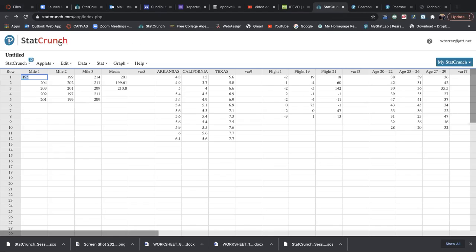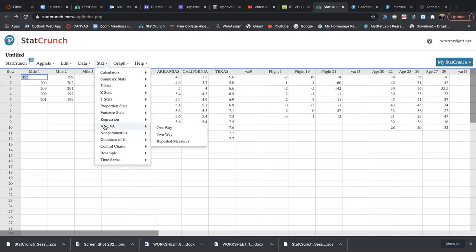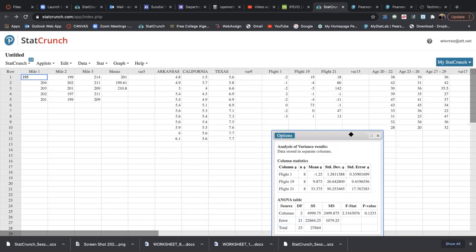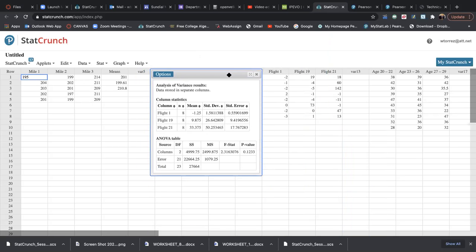And if we go back to Stat, one-way ANOVA, go down and pick out our flights. I have the dot plot in the solution set, and now we compute, and here we get our test statistics for the one-way ANOVA for the test of the 3 mean delays in departure times, and we get the following result, okay?